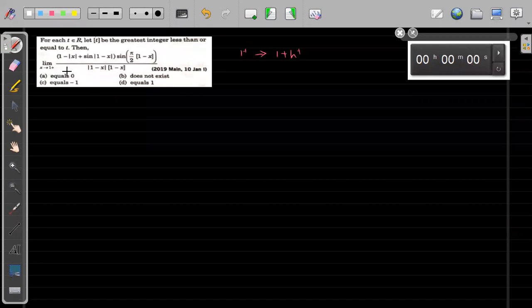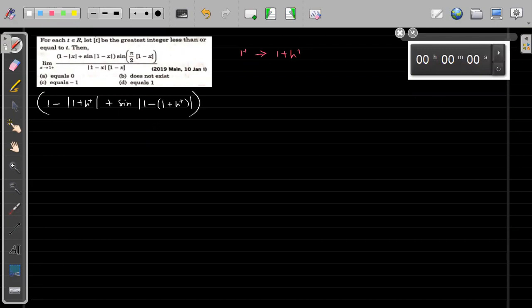So I will substitute x with 1 plus h. The whole function becomes 1 minus modulus of 1 plus h plus, plus sine of modulus of 1 minus 1 plus h plus, modulus.